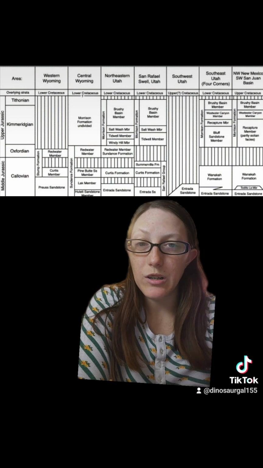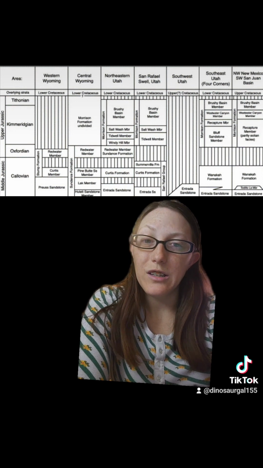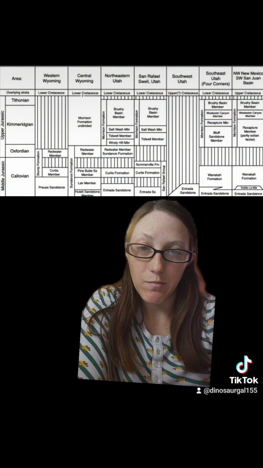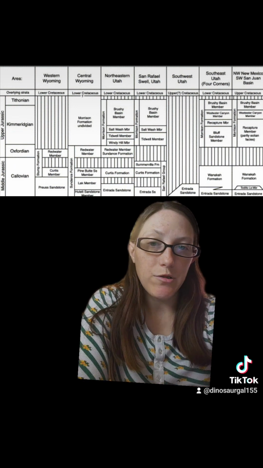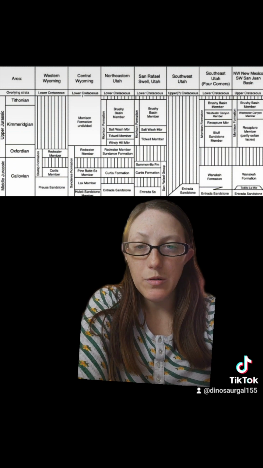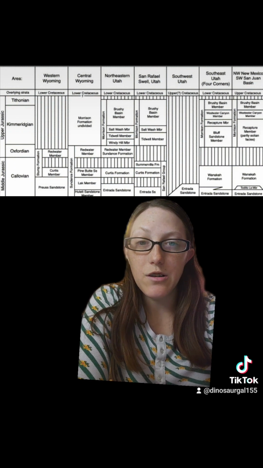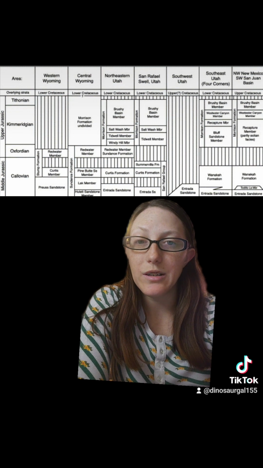I mean, between Tidwell, Salt Wash, and Brushy Basin, which are the most common members, there's about 5 million years between each of them. So about 10 million years between Tidwell and Brushy Basin.